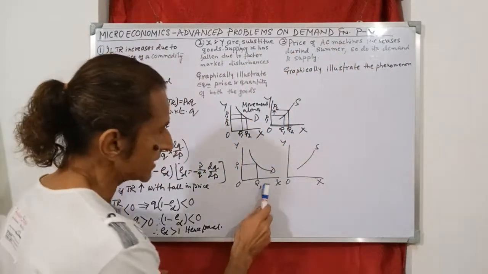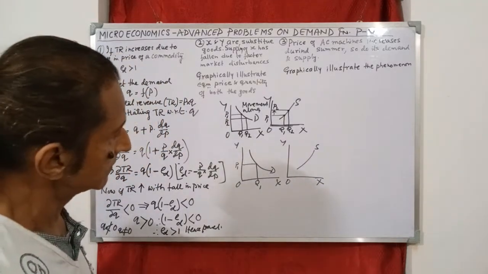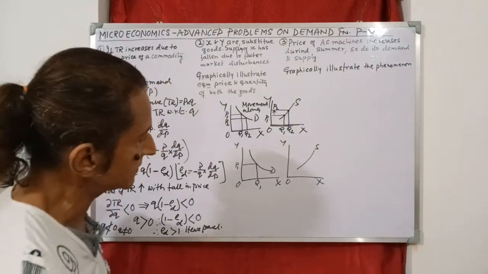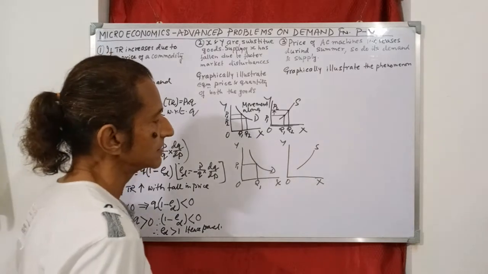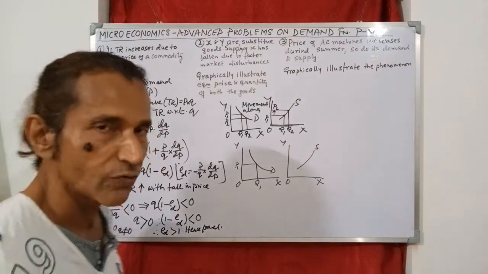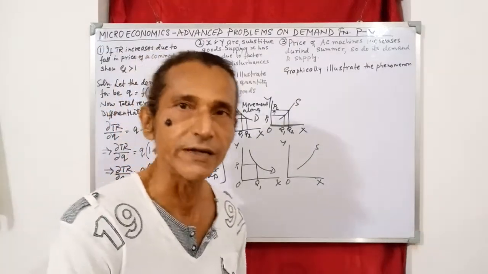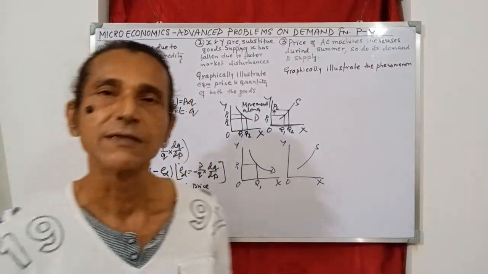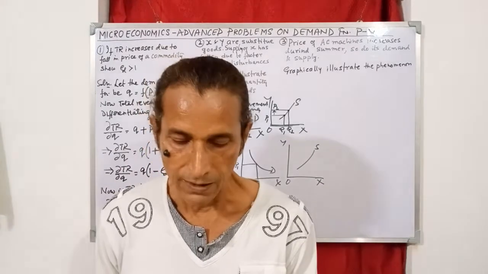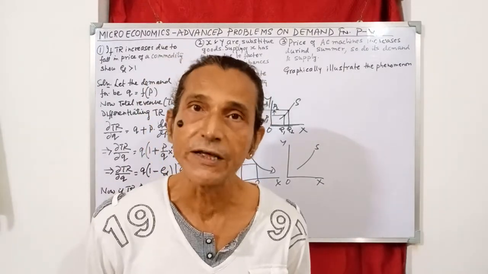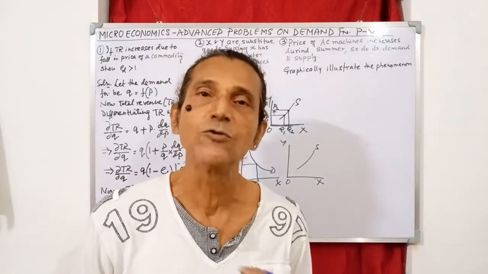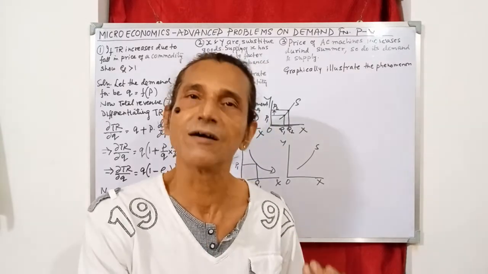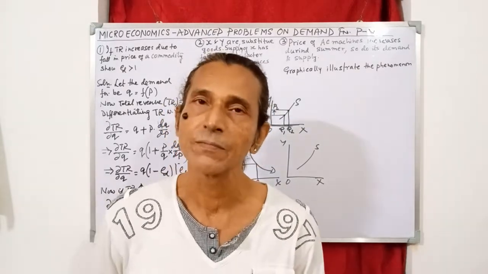First consider this diagram. If price remains constant and supply of a substitute commodity has fallen, say for example, tea and coffee are substitute commodities. Now if supply of tea falls due to disturbances in the factor market, what will happen?